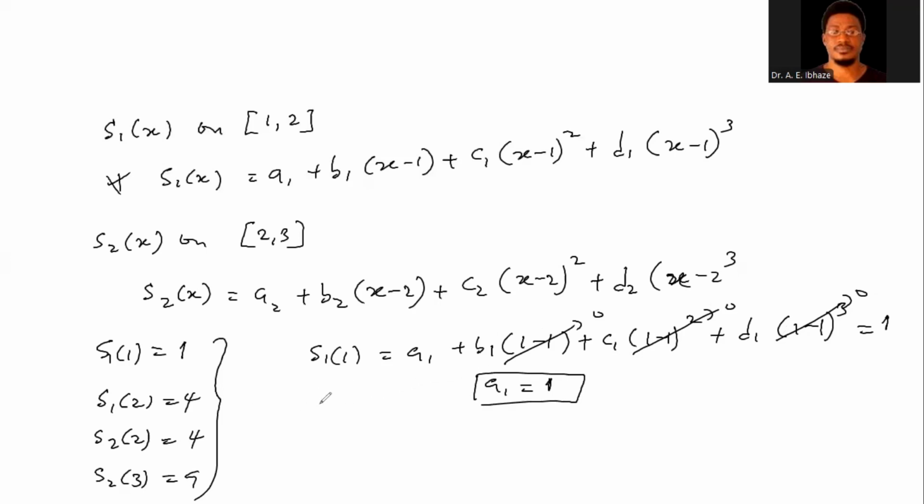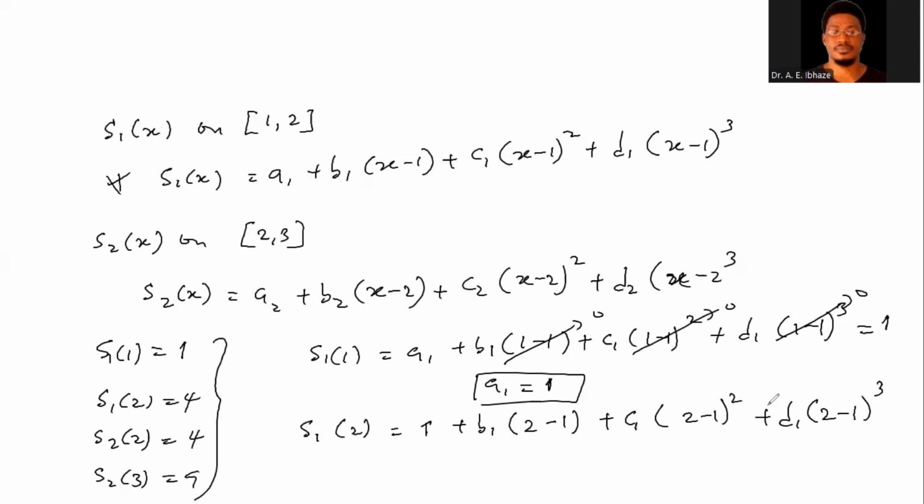Now, in the same way, s1 of 2 is the same as 4. Now we already know that a1 is 1, so that will be 1 plus b1 into bracket 2 minus 1, plus c1 into bracket 2 minus 1 squared, plus d1 into bracket 2 minus 1 cubed.